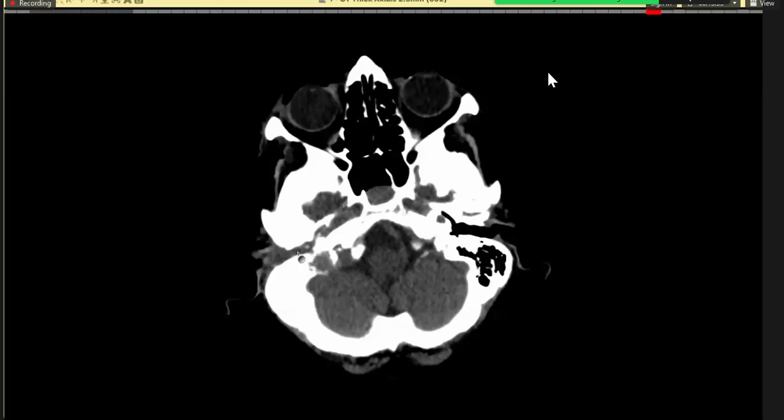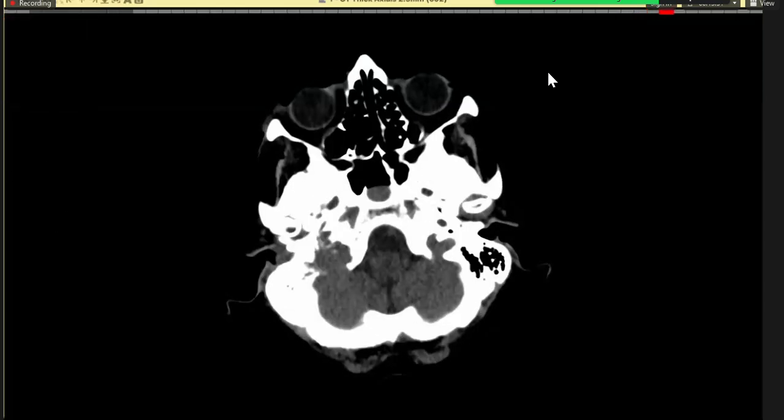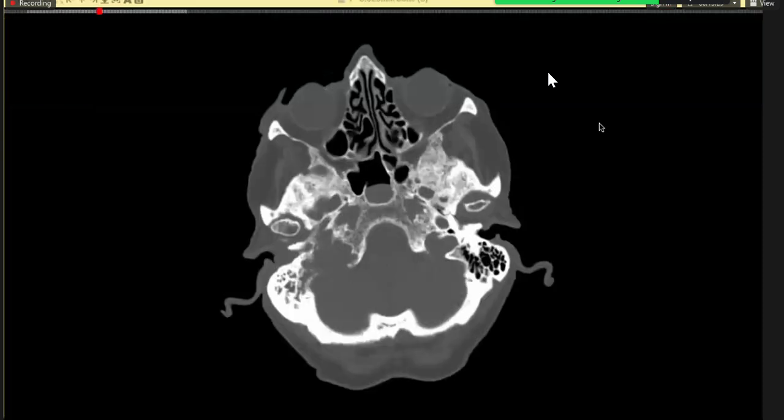I can see it on the bone window, maybe. The mastoid cells are also seen opacified, and there is loss of the bone in the region of the cerebellum, and there is opacification of the right mastoid air cells.